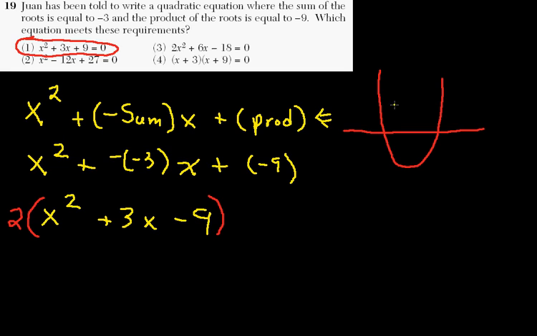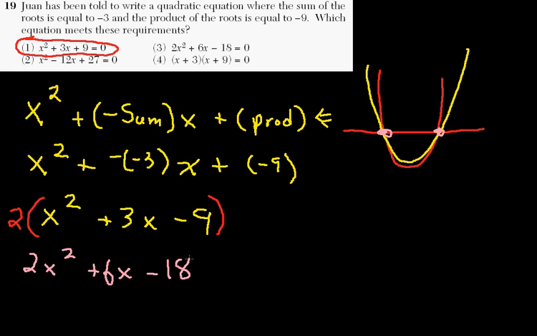When we multiply it by 2, it's going to have the same roots at these 2 points. It's just going to shift the graph a little bit. So anyway, if we do this, we end up with 2x squared plus 6x minus 18, which is exactly the answer that I arrived at by a slightly more painful method.